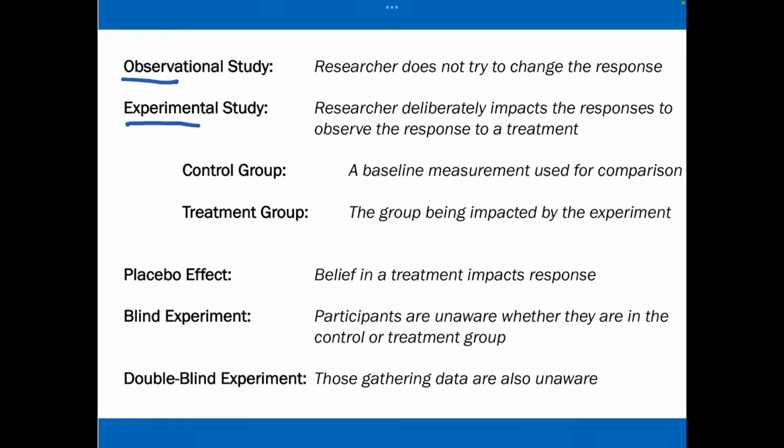They might, by giving out the pills, say something or give the pills in a way that subconsciously cues in the participants to whether they should be feeling better or not. They may say something along the lines of, "Hey, don't you feel better today?" Or, "You really didn't feel much better, did you?" And that might bias the participants in some way. So a double blind means that those gathering the data also don't know which group they're in.